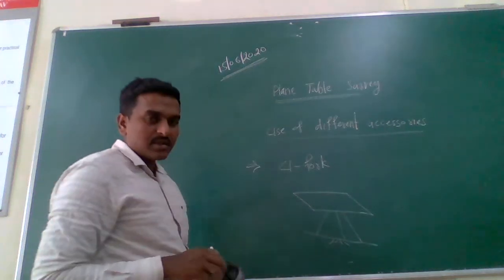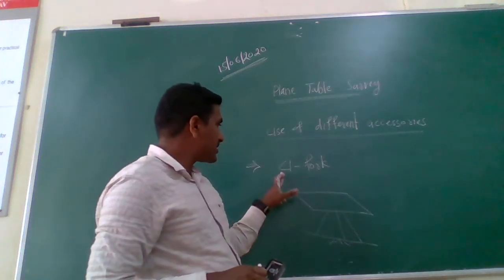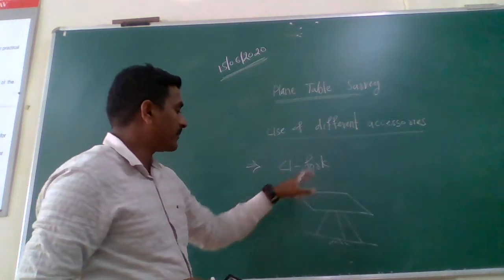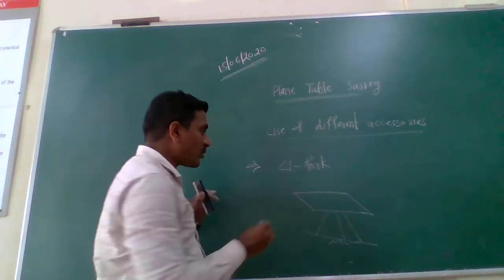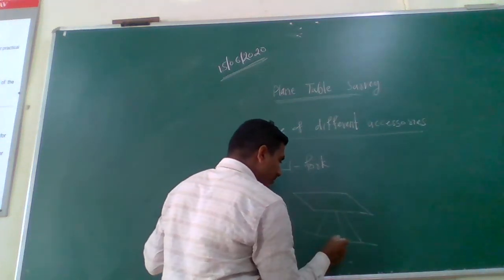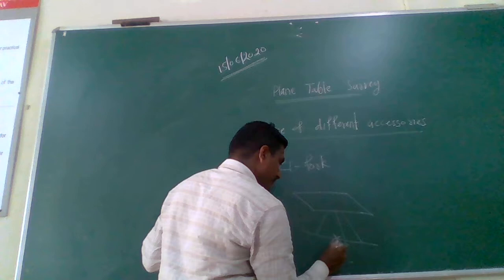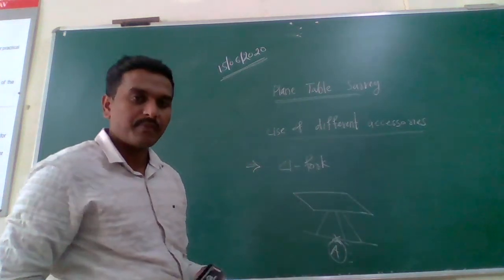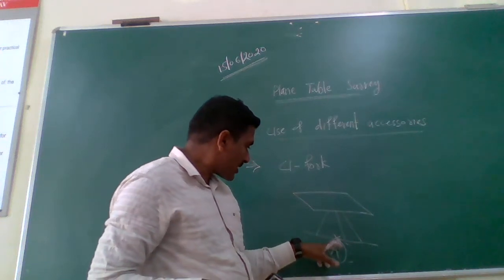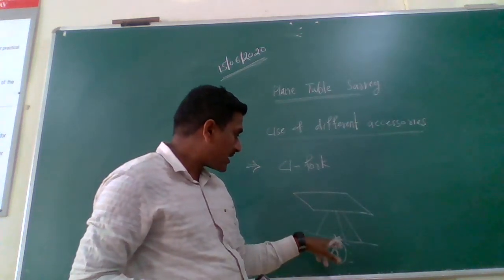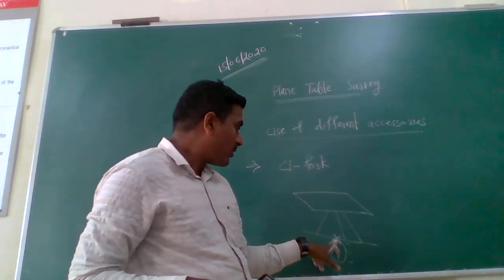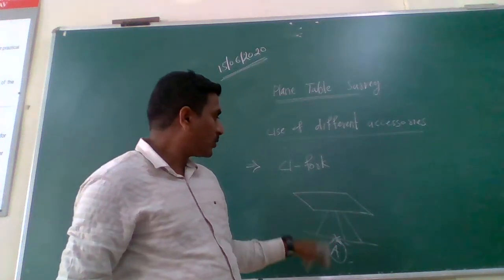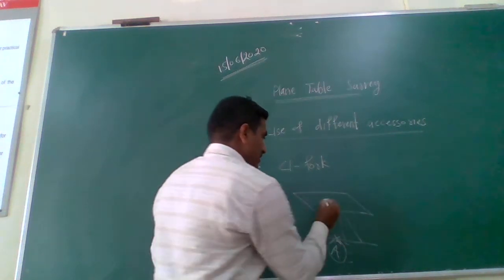Now U fork is another accessory which is used in plane table survey. Okay. Suppose I want to transfer the point which is on the ground. Suppose A is the point on the ground. So suppose I want to plot or transfer the point A from the ground to the sheet.